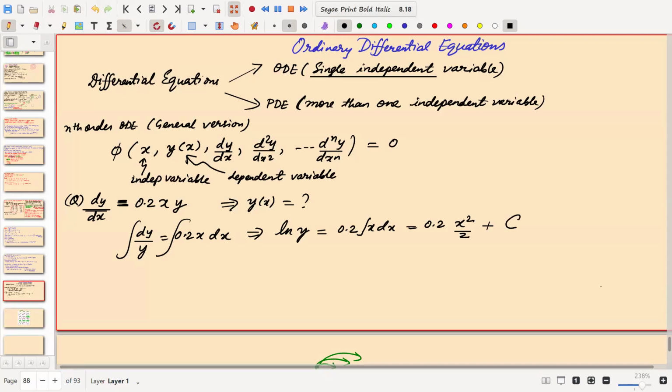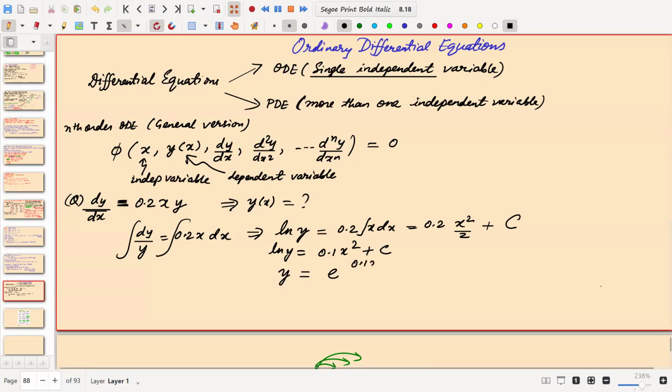So you have ln y equal to 0.1 x square plus c, and I can write y as e to the power 0.1 x square times e to the power c. We can call e to the power c another constant, d.